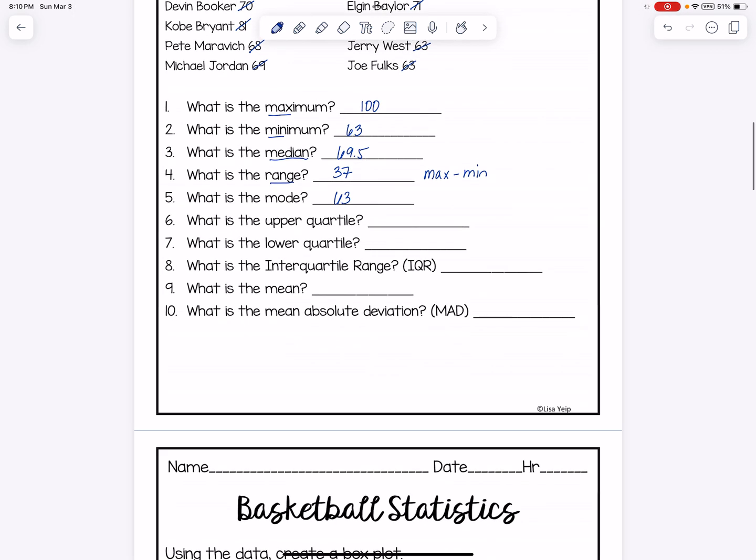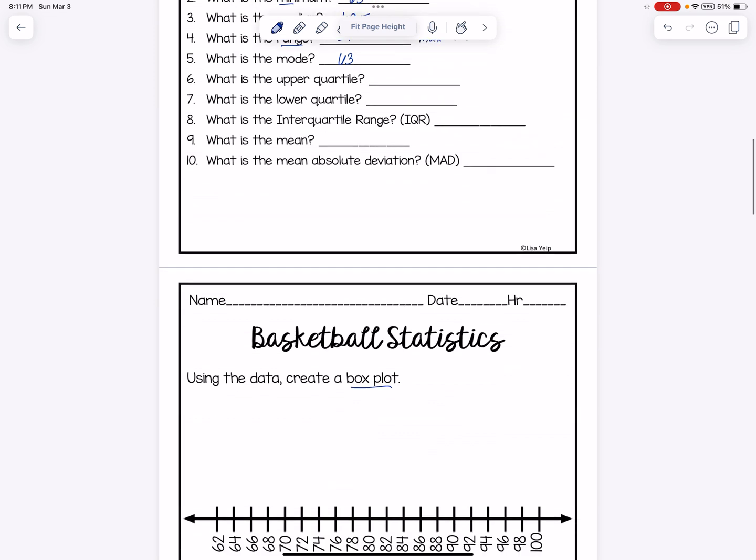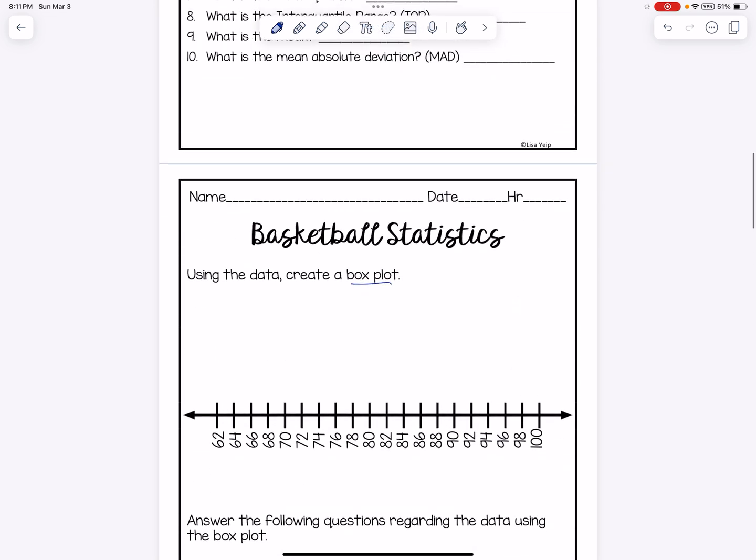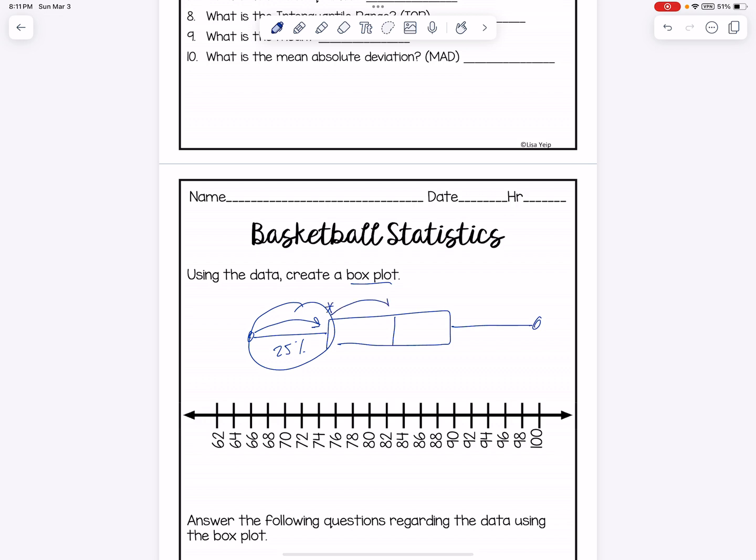So basically, they're called quartiles because every section of the box plot, if I have a box plot here, something like this, okay, every section, this is 25% or a quarter of the data. And so the first quartile is here, second quartile, third quartile, and fourth quartile.